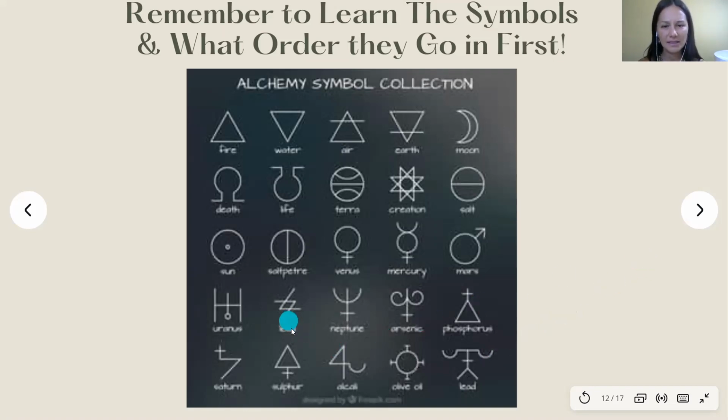There's lead, sulfur. Hard to read this. Sorry about that. But just focusing on the elements here, the moon, there's salt, the earth, Terra, sun, Uranus, Neptune, Saturn, Mars, Mercury, Venus. So there's some good stuff in here.